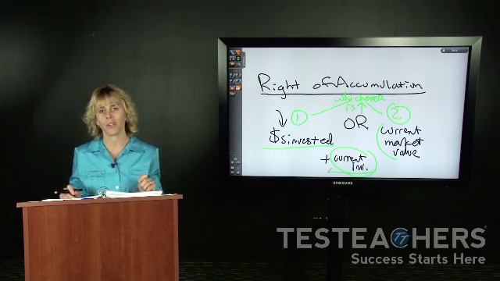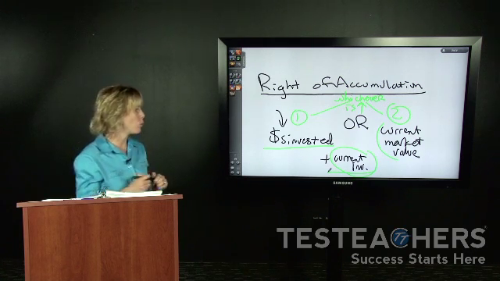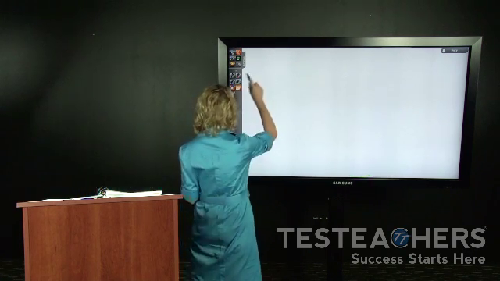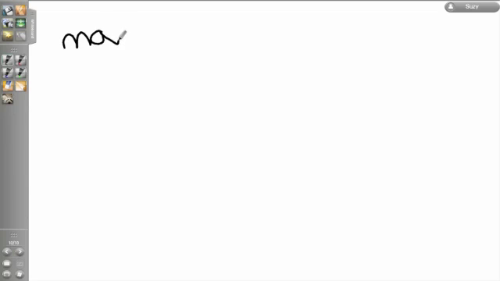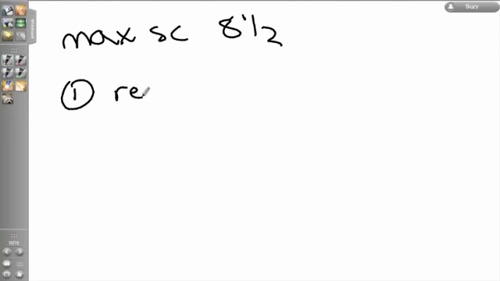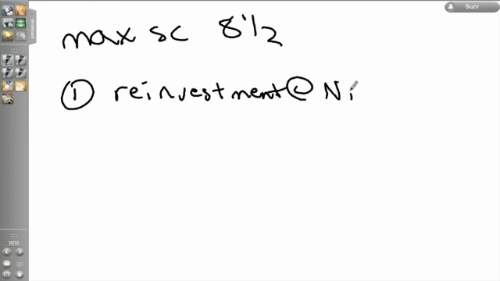Once again, to review, if the fund wants to charge the maximum sales charge of 8.5%, they had to do three things. Allow for the automatic reinvestment of income distributions at net asset value, that's without a sales charge.